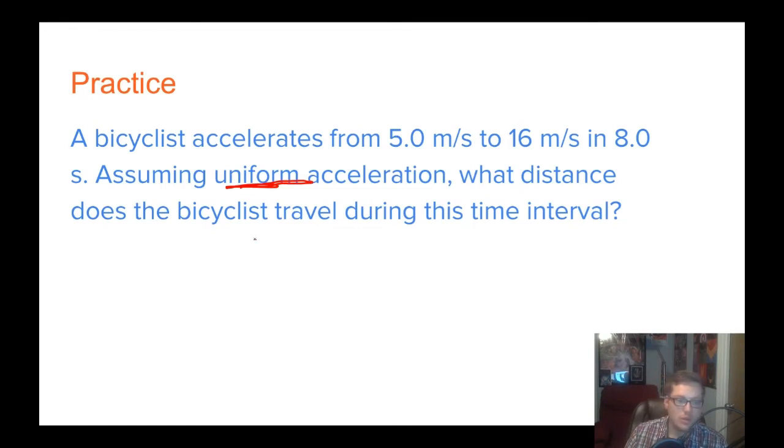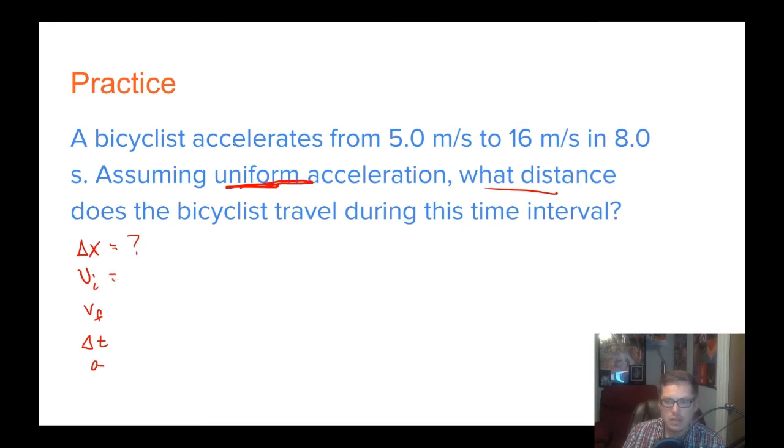So here's what I want you to do. As you're getting used to solving these problems, I want you to go ahead and list out the things you know. We've got delta x, vi, vf, delta t, and acceleration. Delta x, it says what distance, so that's what we're trying to find, so put a question mark next to that one because that's your unknown.